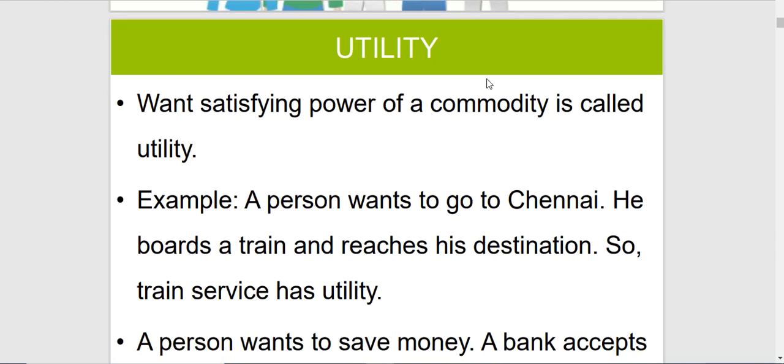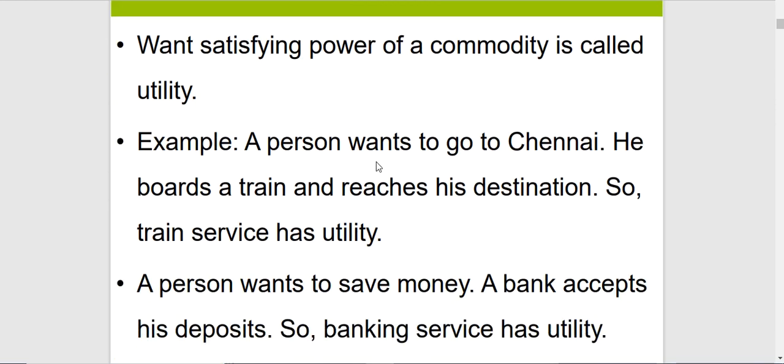What is utility? Want satisfying power of a commodity is called utility. For example, a person wants to go to Chennai. He boards a train and reaches his destination.